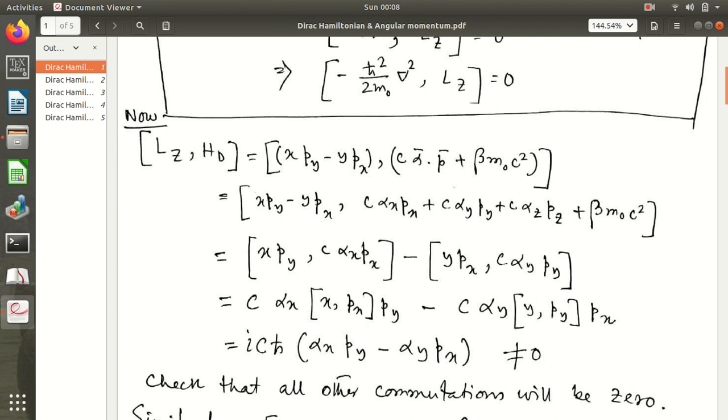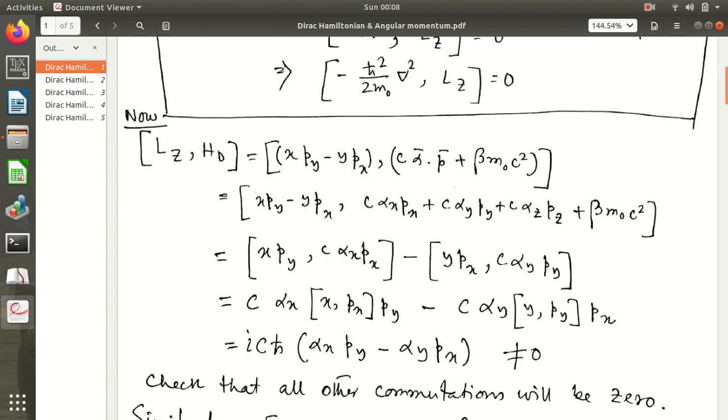You can check, because px, py and pz, if you select any two, their commutation will be zero. Px commutes with py, py commutes with pz, pz commutes with px, and so on. And alpha and beta do not depend on x, y, z and px, py, pz. So all the commutations will be zero except these two, which are non-zero due to the uncertainty principle.